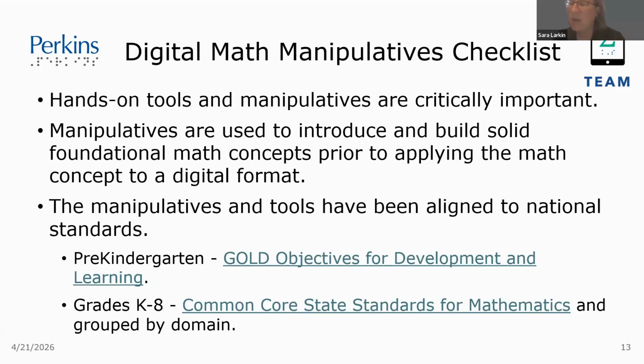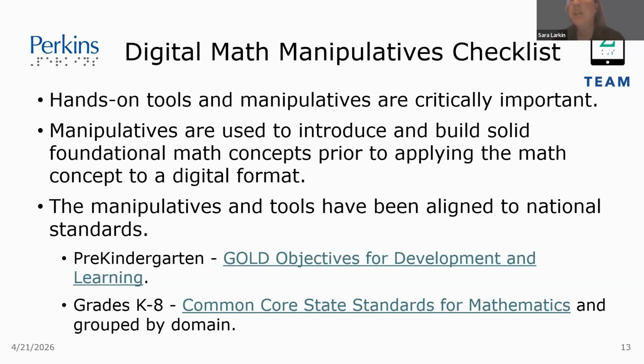In pre-kindergarten, because the Common Core state standards really starts at kindergarten, we know that for pre-kindergarten, a lot of states, most states, have early learning standards. And those early learning standards are normally aligned in some way to the gold objectives.